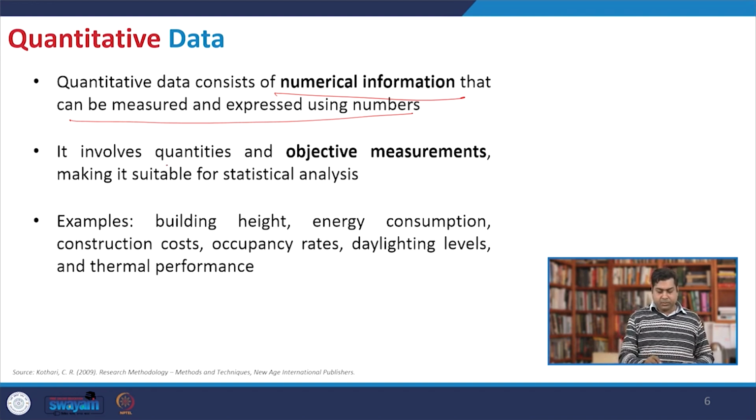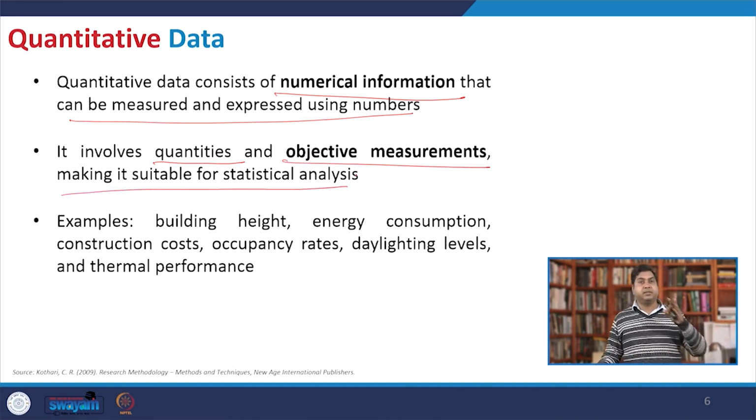It involves quantities and objective measurement, unlike the subjective nature of qualitative information, and makes it suitable for statistical analysis straight away. For qualitative, definitely there are other algorithms that you need to apply to codify, or maybe you have to read it. So there are different techniques, but for quantitative data there are many techniques available as well.